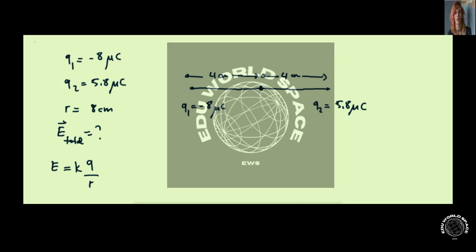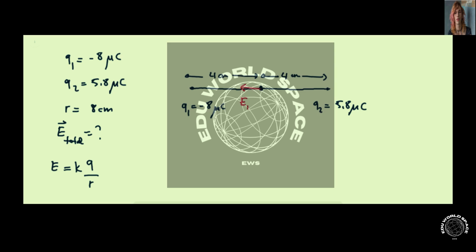However, let's just talk about the directions. If we have a negative charge, the electric field that a negative charge generates is always going to be towards the charge itself. So if we call the electric field generated by Q1 E1, then E1's direction is going to be pointing toward the negative charge.